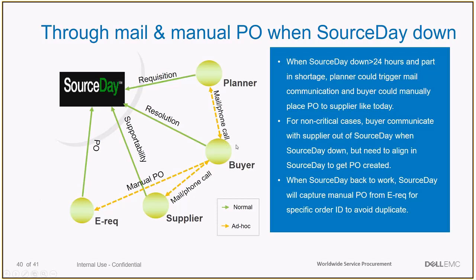Don't worry, because the planner, the buyer, the supplier are still there. Just SourceDay is down, so you can still use email and phone calls. After the system is back up, we try to import the EPO and so on, but the communication history is missing. But so far so good. We haven't had the tool down for more than 1 day.